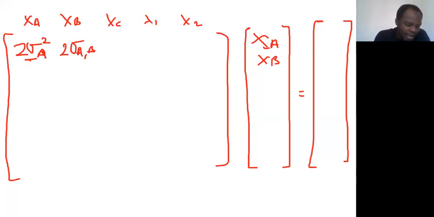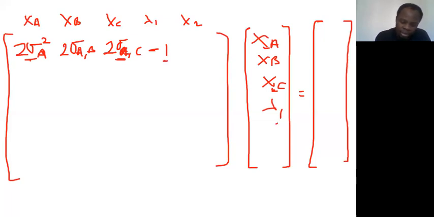Now the next one that had C in it, also 2xC covariance of AC, so I'm going to have 2 covariance of AC, and I'll bring the xC here. So when I multiply this by this, it gives me 2xC covariance of AC. Great. The next one that we are looking at has lambda 1 in it. It was just minus lambda 1, right? So I'm going to write minus 1 here, and I'll bring my lambda 1. So when I multiply this one by this, it gives me this.